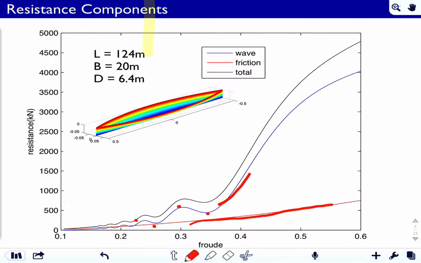It comes up to a large peak here at about a Froude number of 0.6. Now this is a pretty typical looking curve. We have our last peak somewhere between 0.3 and 0.4, last trough, and then you have a very rapid drag rise. At very low speeds, friction dominates. At larger speeds, the wave drag dominates.